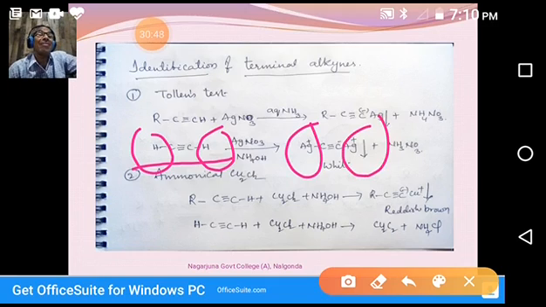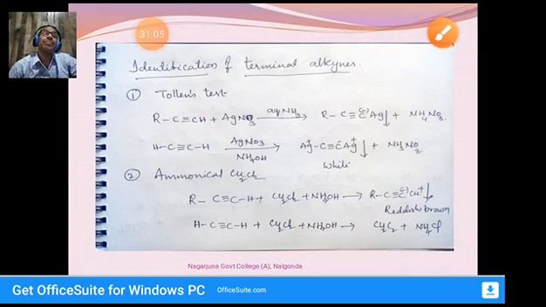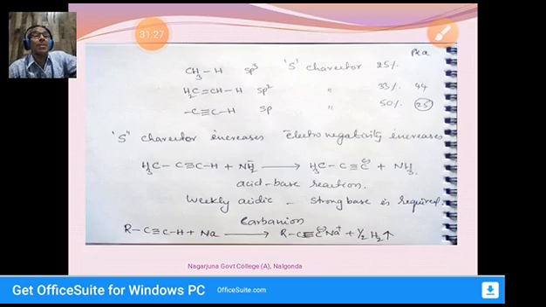It is called silver acetylide, Ag2C2, white in color. So acetylene or any terminal alkyne forms a white precipitate with ammoniacal silver nitrate, which we call Tollens reagent. In the Tollens test, if an alkyne gives a white precipitate of silver acetylide, we say that it is a terminal alkyne.